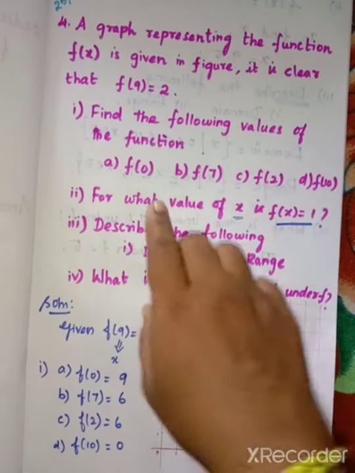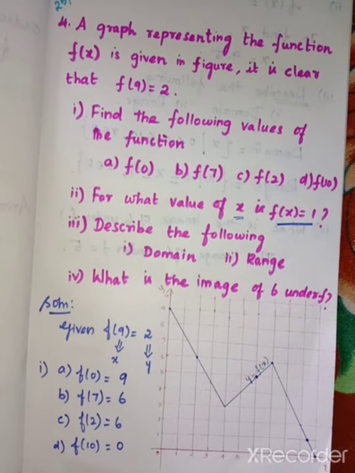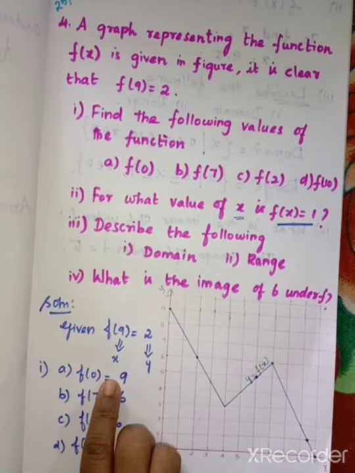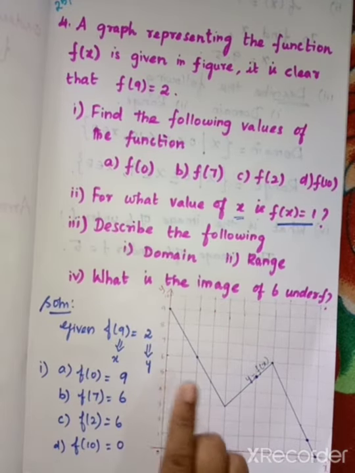From this we have to know that f of a equal to b, which means b is the image and a is the pre-image. Pre-image and image, here they mention as x and f of x. So y equal to f of x means f of x equal to y. Here f of 9 means 9 is considered as x and 2 is considered as y.